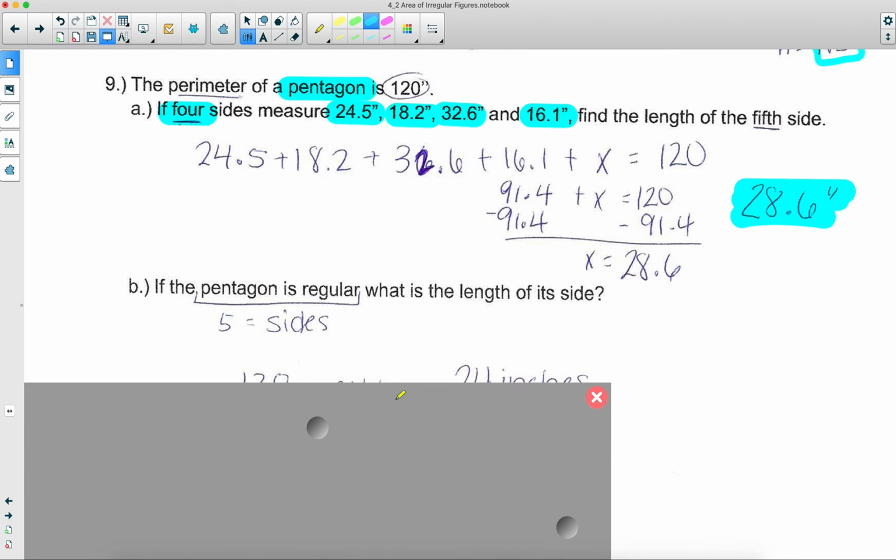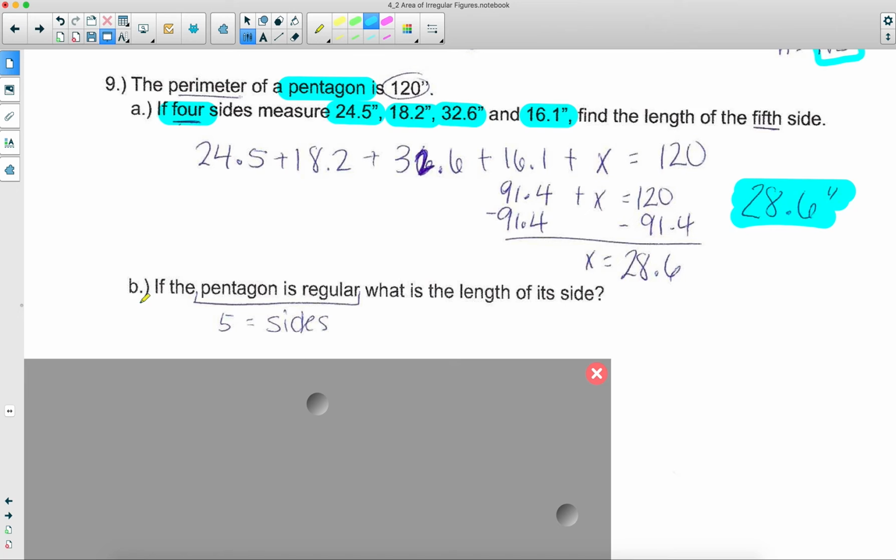And last but not least, number 5, B, if the pentagon is regular, 5 equal sides, what is the length of its side? So if this pentagon that they're talking about that has a perimeter of 120 inches is a regular pentagon, what's the length of one side? So for this, think about it. There's 5 equal sides.